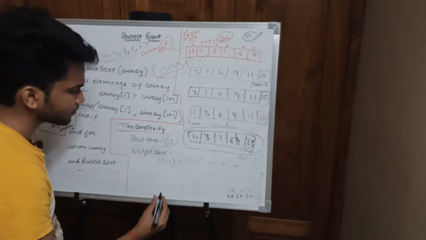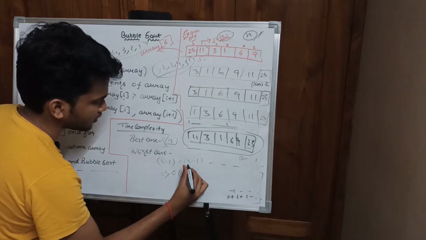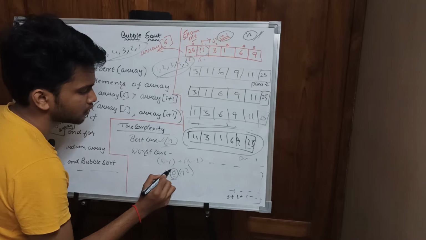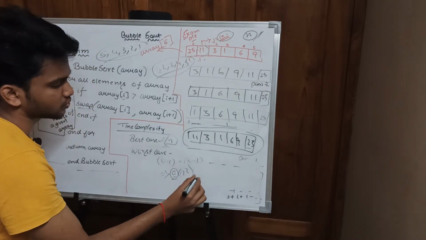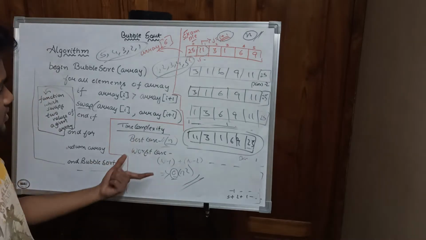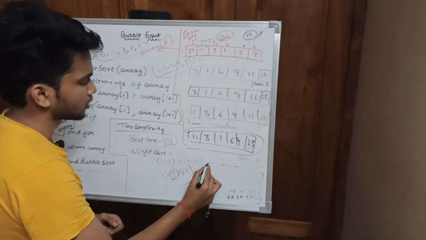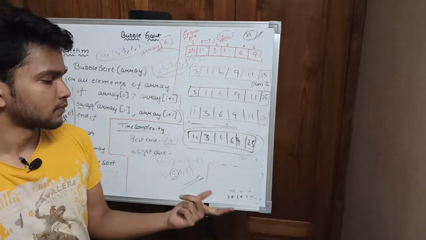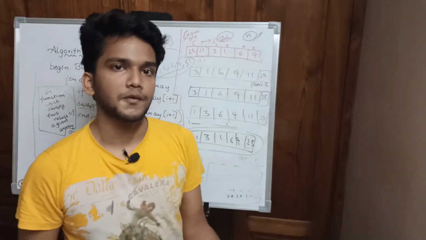So obviously it is equivalent to n square, and we represent the time complexity with the symbol O of n square. So this is the worst case, and the average case is also O of n square. So the average case and the worst case are equivalent to order of n square in the time complexity function representation, and the best case is order of n.